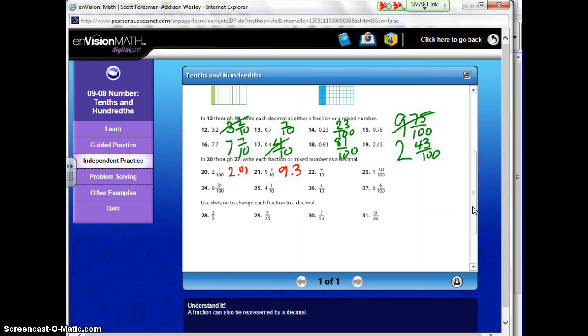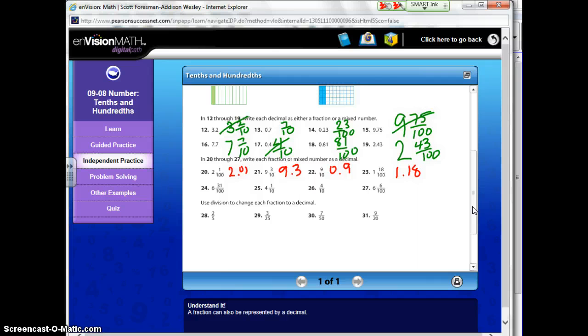How about the next one? Natasha? 0.9. Now, it's okay if you put a 0 before it. That's optional to you. How about number 23? Cole? Yep, because it ends in the 2nd spot, which is our 100th spot. Next one, number 24.